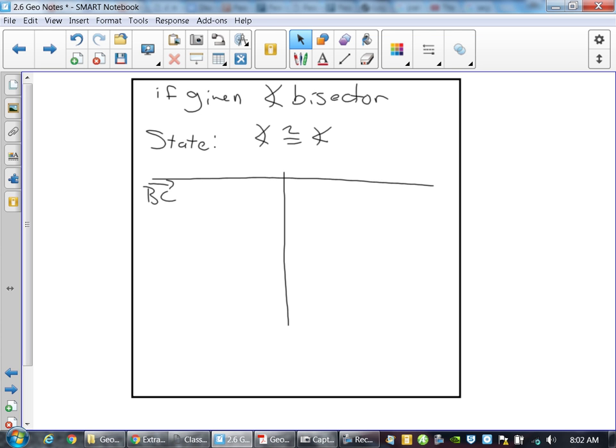So let's say we have this. Ray BD bisects angle ABC. Sorry, let me write it as BD so I can do ABC.